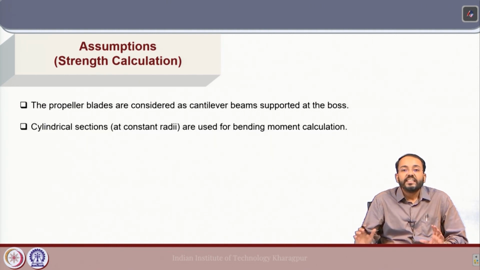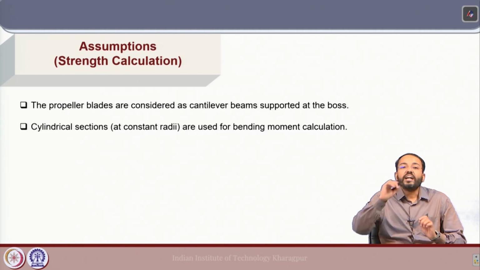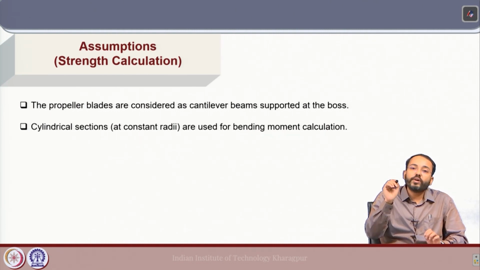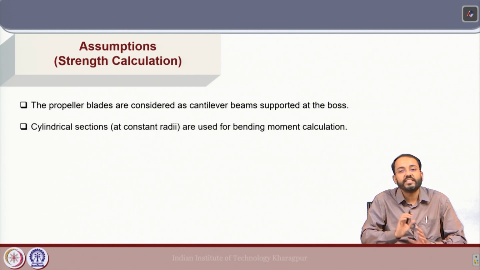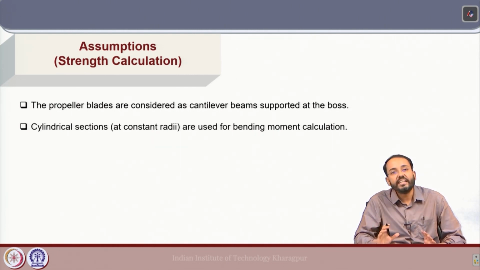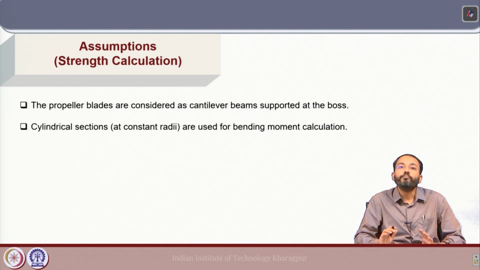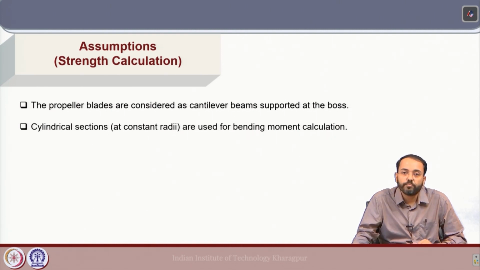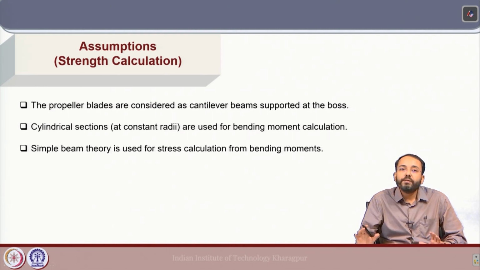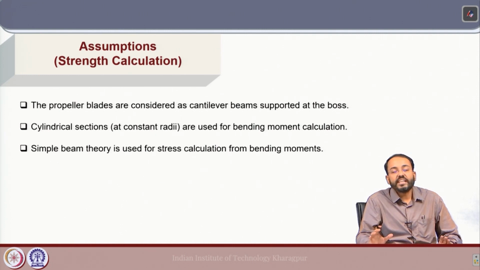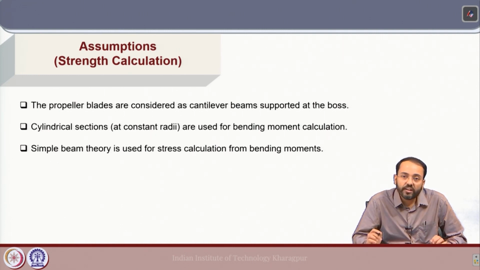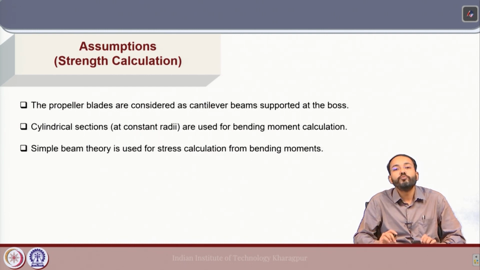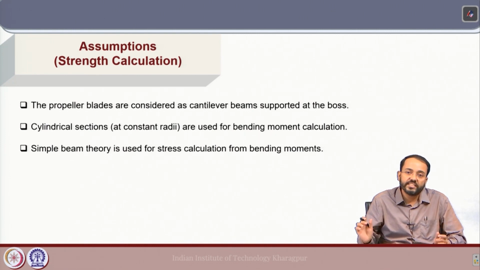Next, cylindrical sections are taken at various radial locations on the propeller blade for estimation of the velocity, thrust and torque, and similarly we will take these cylindrical sections for bending moment calculation. Simple beam theory will be used for stress calculation from the bending moment, and the neutral axis of these sections will be assumed to be along the chord for the expanded blade sections.